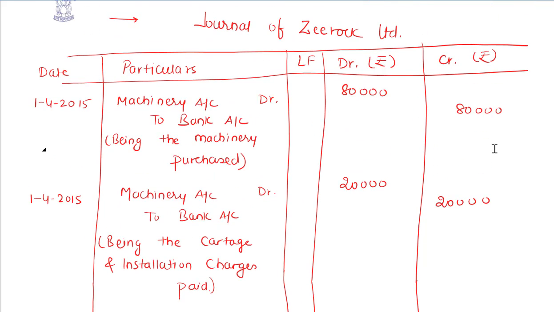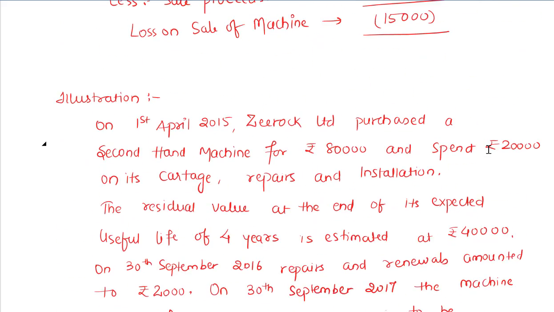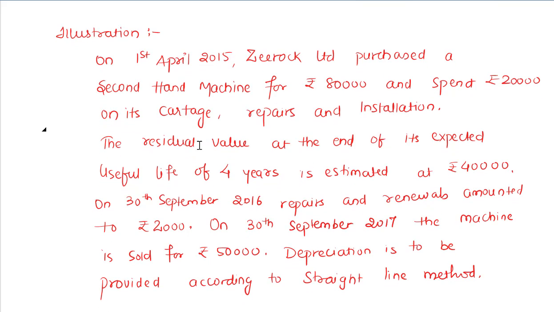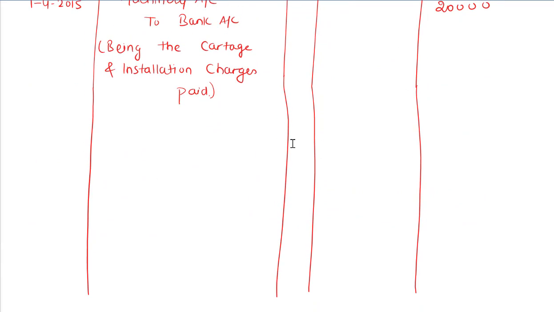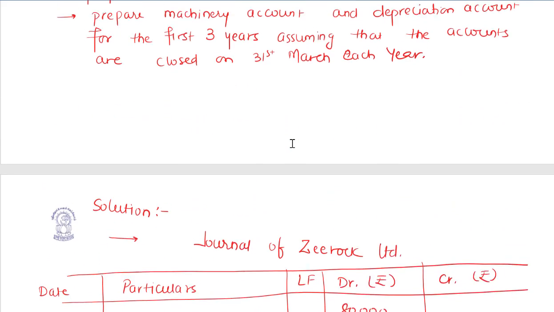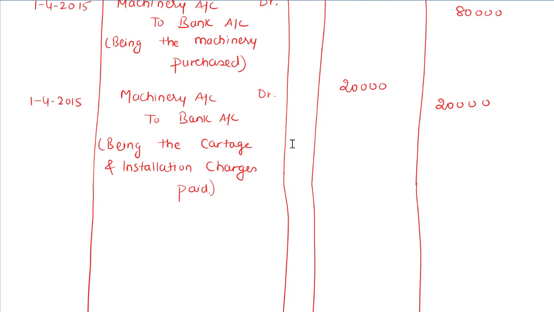Next entry. Once we have purchased it, we also need to put depreciation. We need to calculate depreciation. Just check what is the date. Over here, we need to calculate the rate of depreciation and the amount of depreciation. So we need to make a working note for that.